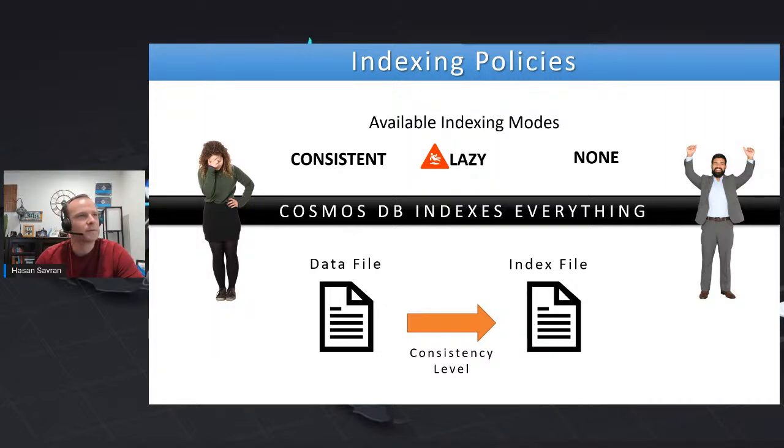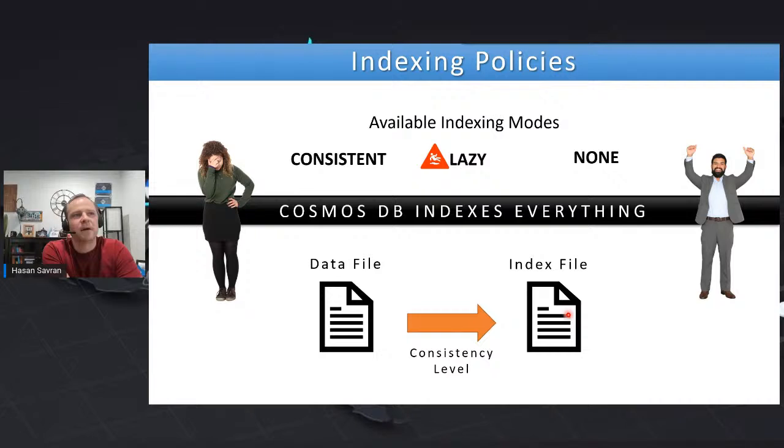The recommended one is consistent, lazy is the most dangerous one, and we have another one for none. If we look at how the actual indexing works, we have a file for data and a file for index or indexes, depending on which database you are using. Whenever data comes into your data file, we want to be sure that whatever indexes you have are updated immediately, because in many cases your queries are going to use the index file rather than the data file.